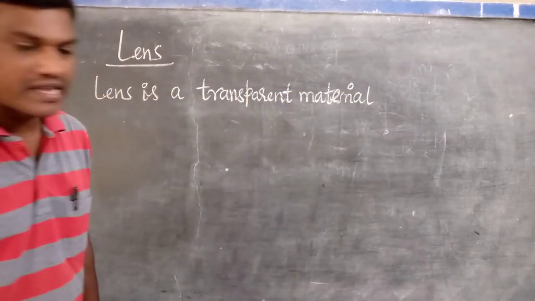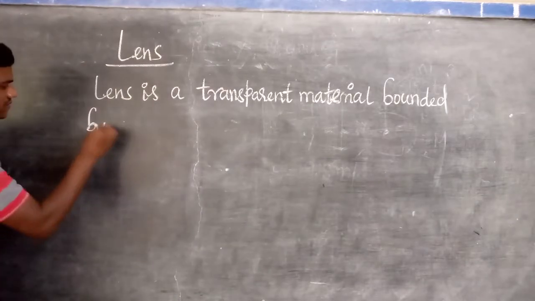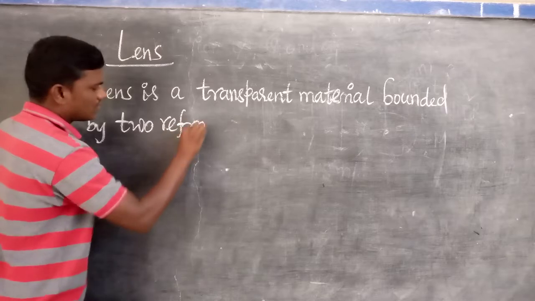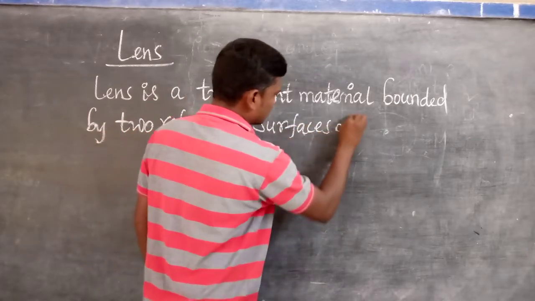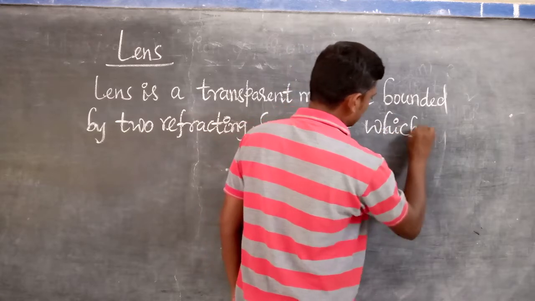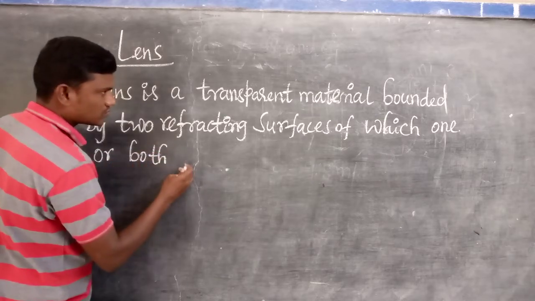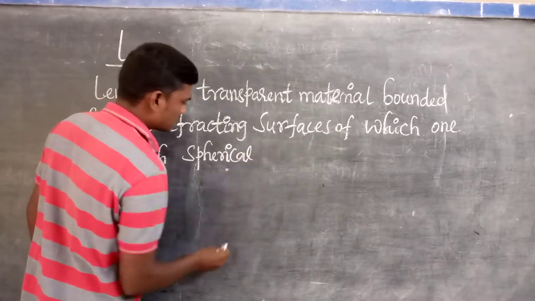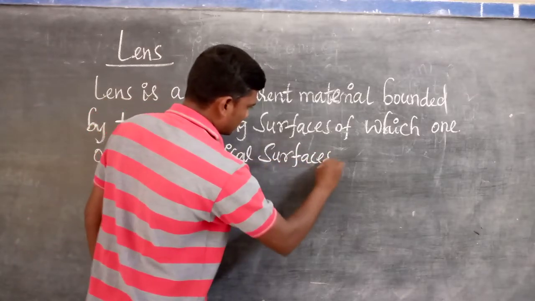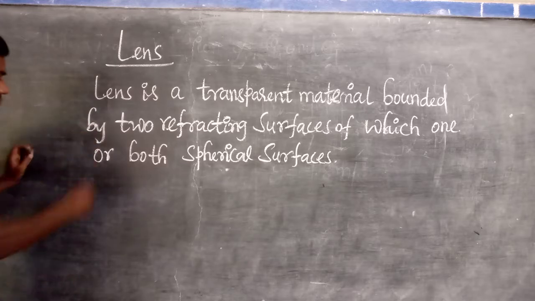A lens is a transparent material bounded by two refracting surfaces, of which one or both are spherical surfaces.